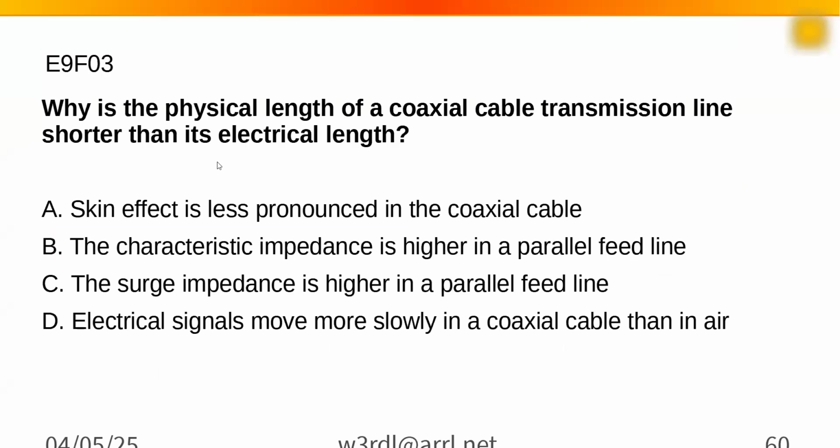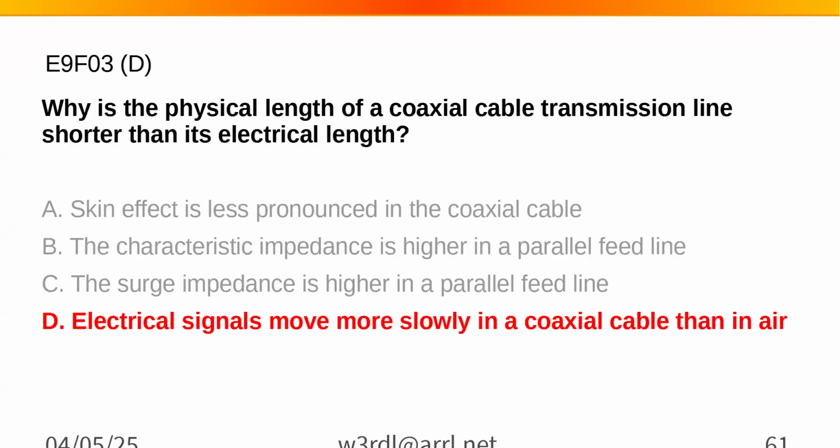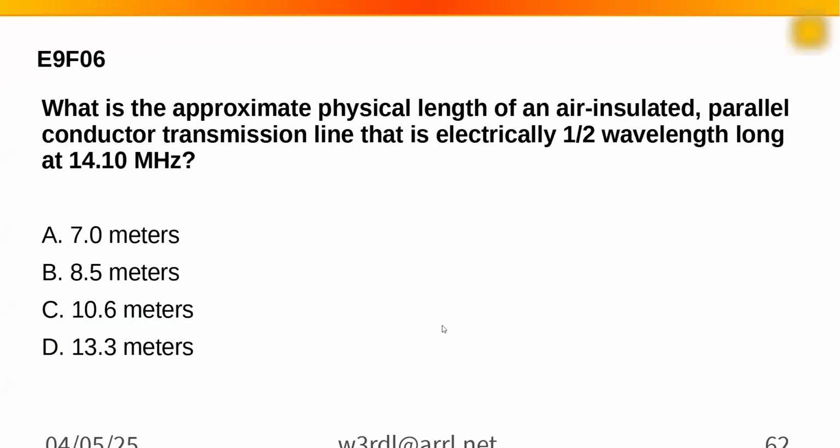So why is the physical length of a coaxial cable shorter than its electrical length? What's the approximate physical length of an air-insulated parallel conductor transmission line that is electrically 1/2 wavelength long at 14.10 megahertz?